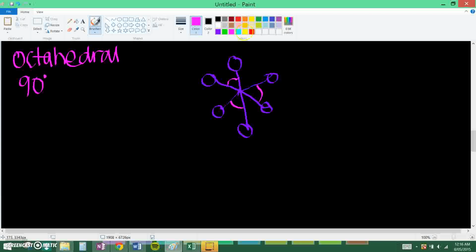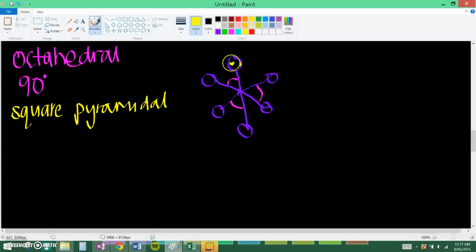Now, if we took one lone pair, it would be square pyramidal. And for octahedrals, you take lone pairs from the axial ones. So basically, if you can tell, this would be, I made that upside down, sorry.